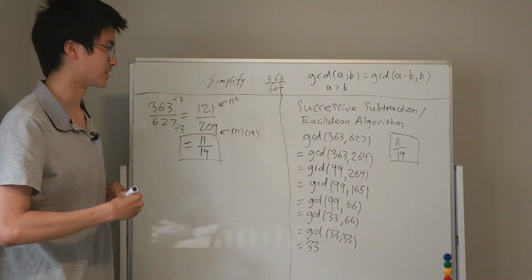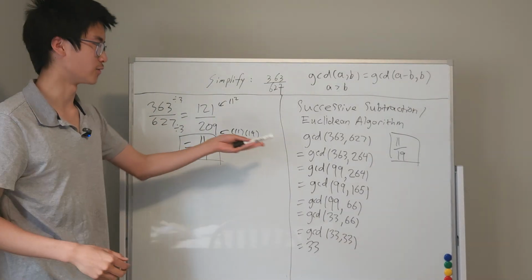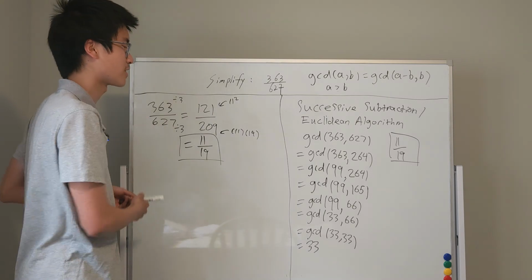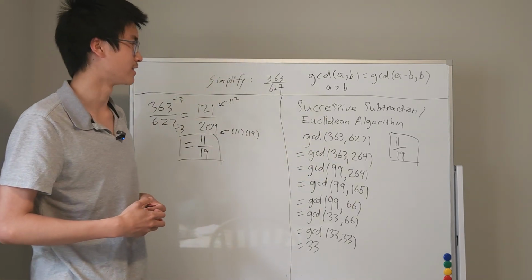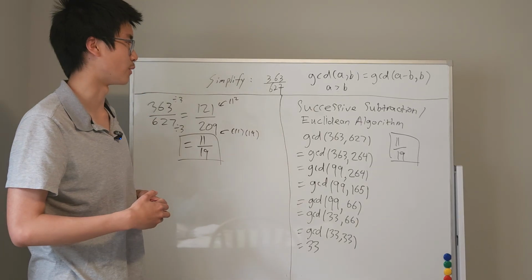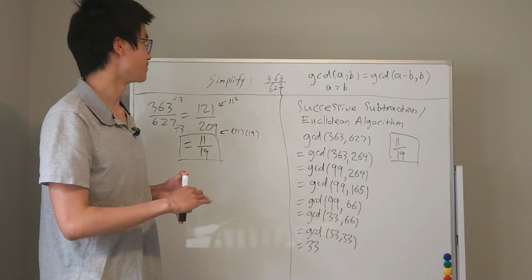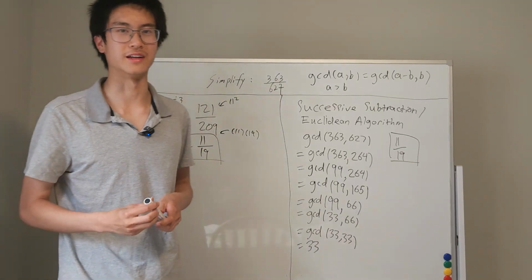You may notice that this is a lot more steps than the first method. So first you can check the first method, but if it doesn't work, we will be using the Euclidean algorithm. The reason why we use the Euclidean algorithm is that we can apply it to basically any numerator or denominator.